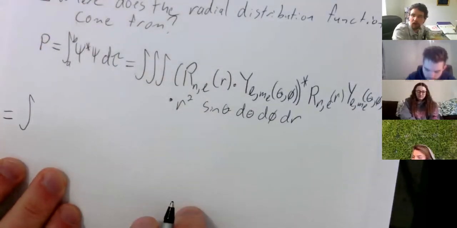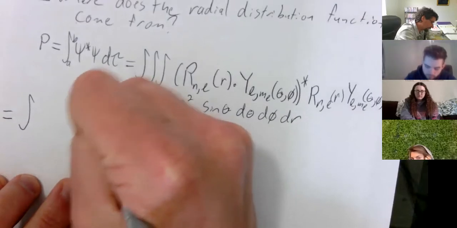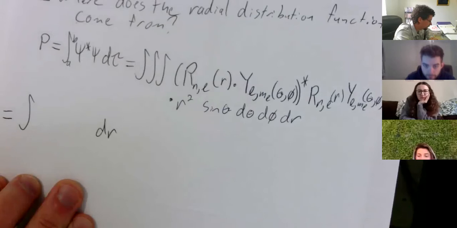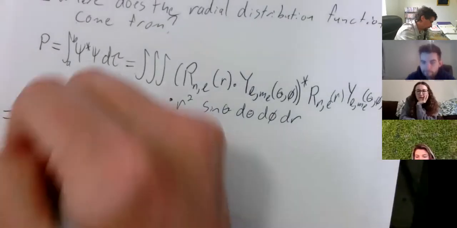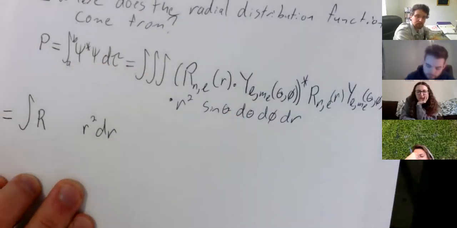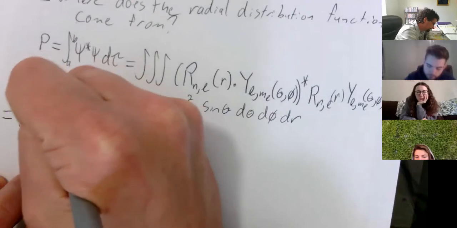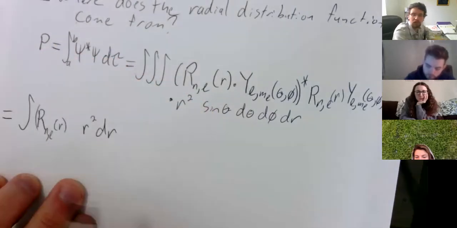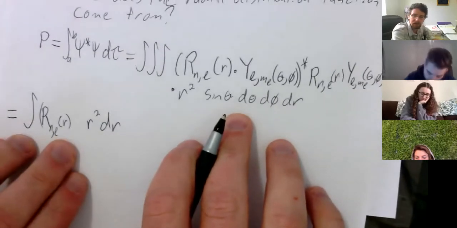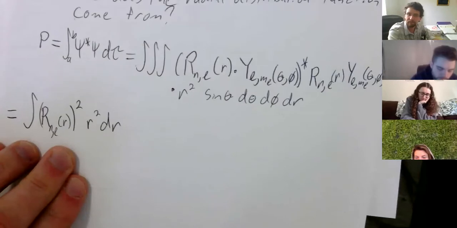Tell me the R part, the part that's going to depend on dr. R squared. Yep, R squared. What else? R star and R. It should technically be R star R, but we know that R doesn't have i's in it, so we're just going to have R squared like that.